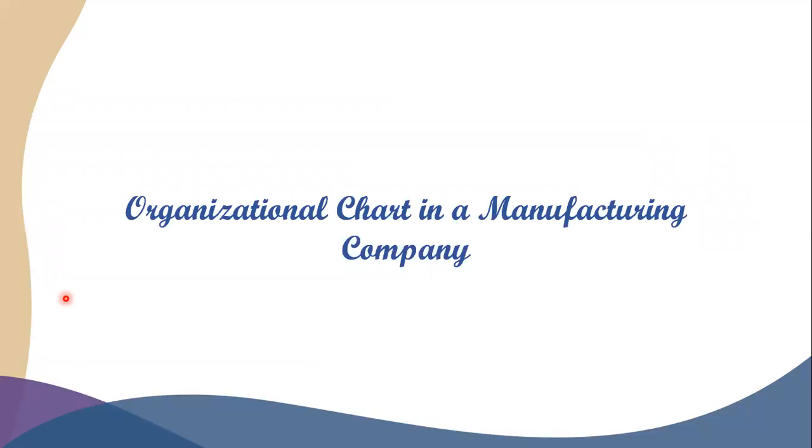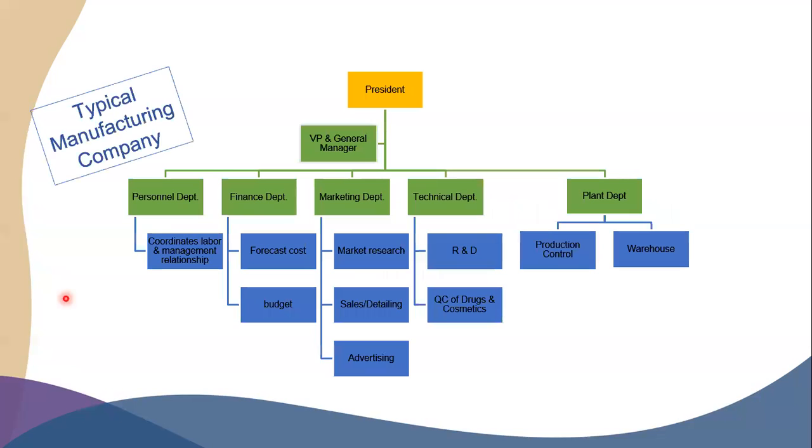Then you also have your organizational chart in a manufacturing company. Here you have a typical manufacturing company where you have your president, your VP, and general manager, and you have the different departments. Like we said, you have your personnel department, which coordinates labor and management relationship. You have your finance department, which forecasts cost as well as budget for your manufacturing plant.